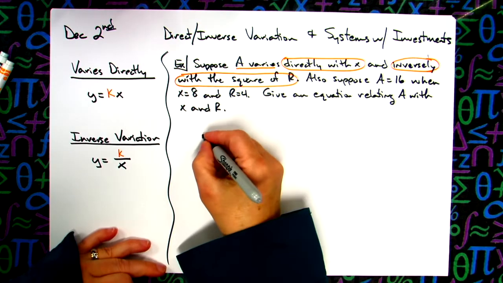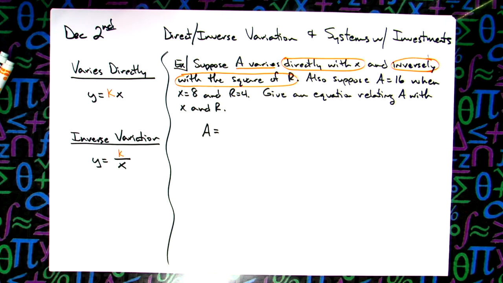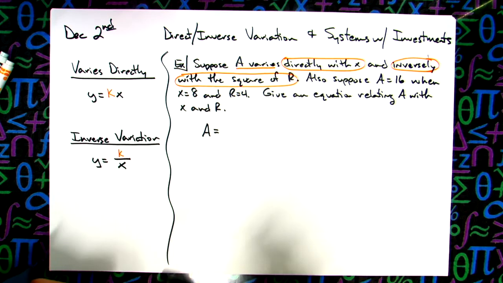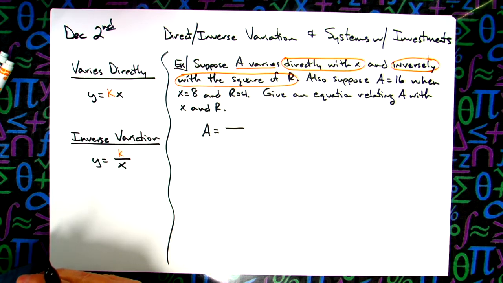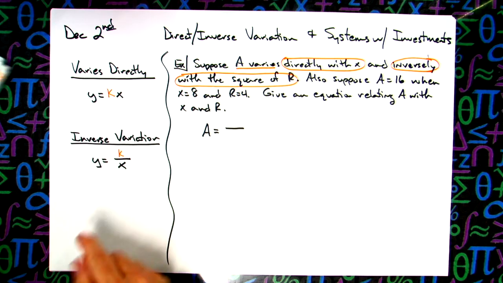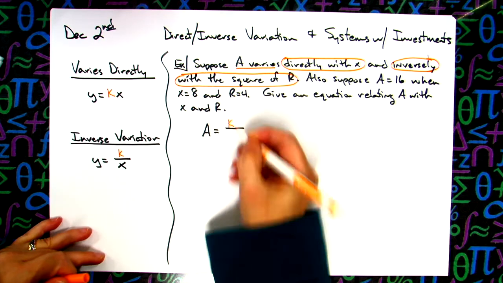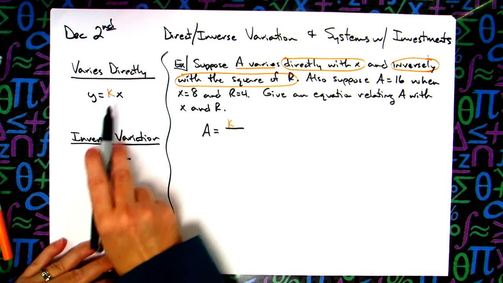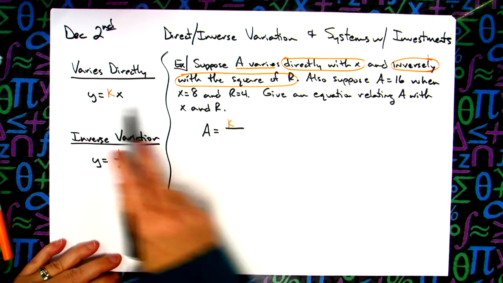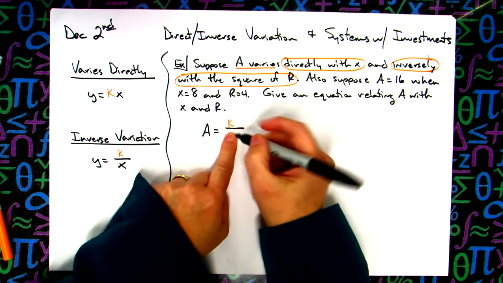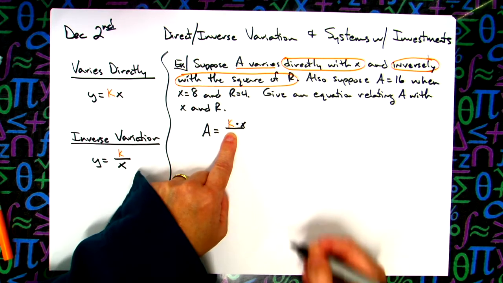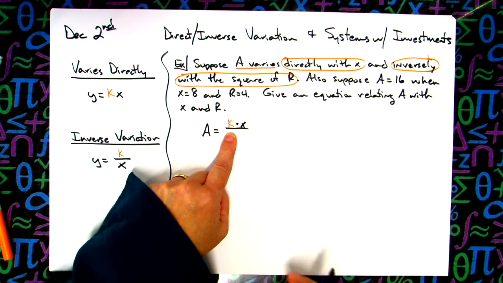A is varying with those, so I'm going to start out with A equals. Since this one has both direct and inverse, I might as well go ahead and get a division in there, because I'm going to have both. My k is going to go on the top. When it varies directly, I need to be multiplying by my k, so A varies directly with X, so I'm just going to do k times X on the top, because when it's directly, it's multiplication.